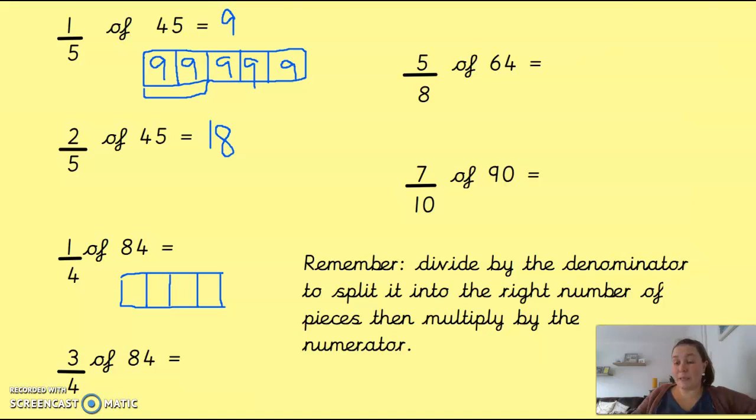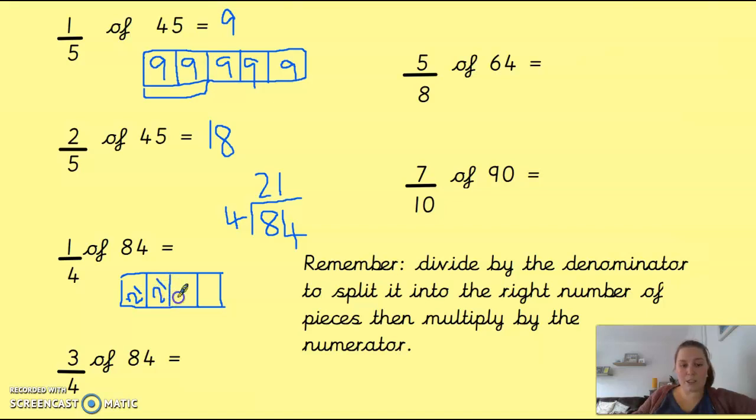Okay, I might not be able to do 84 divided by 4 in my head, but that's fine because I can either half it and half it again in my head, which is a way of dividing by 4, or I can use a written method, and we've got a short bus stop method. So I'll just pop that up here to help us. 4 into 8 goes twice, and 4 into 4 goes once. Okay, so 21 is what each of my little boxes is worth.